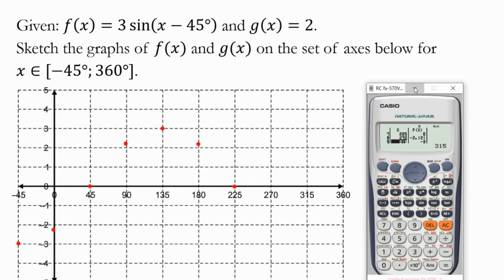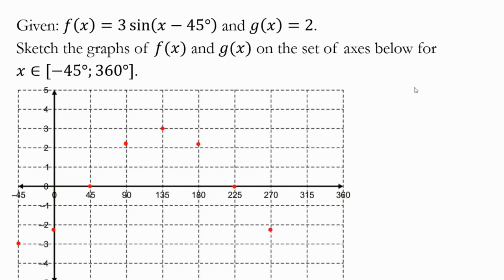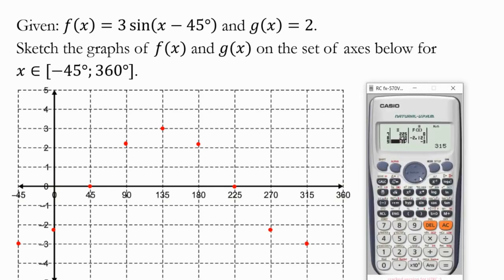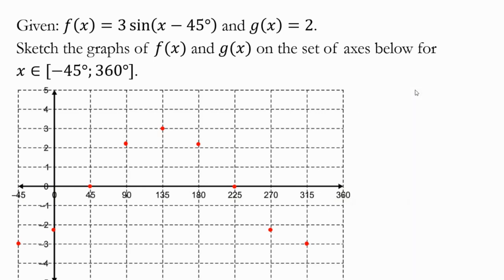Let me just do those 2 points. We have this point and this point. And then the last one, 360 degrees. Where is it? Negative 2.12. You see that? You can use your calculator to get your points. It doesn't take time. Then you can sketch your graph after that.